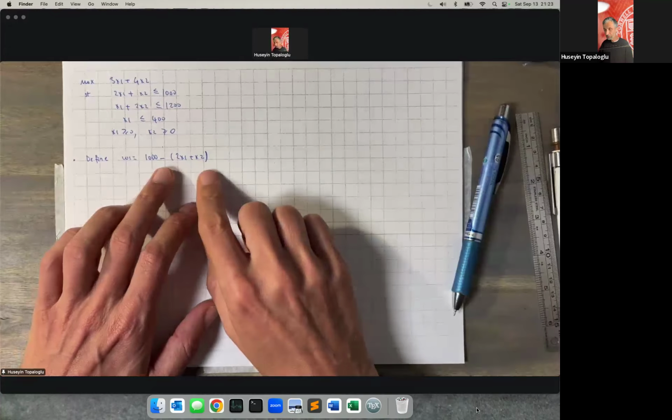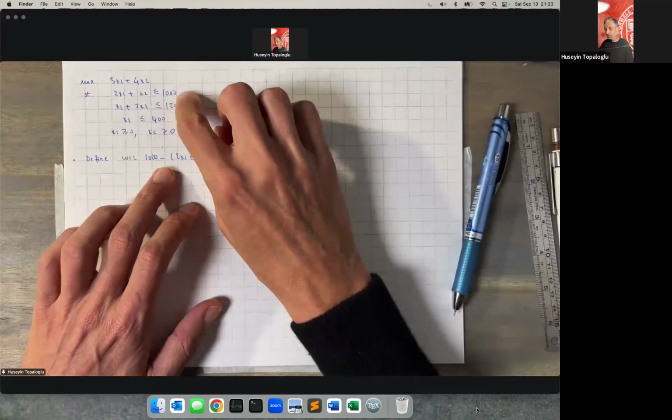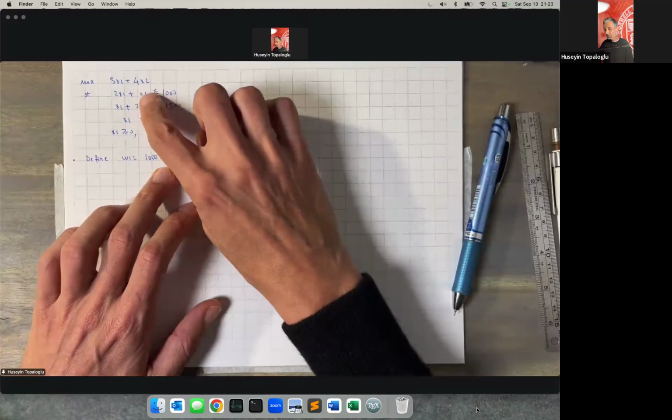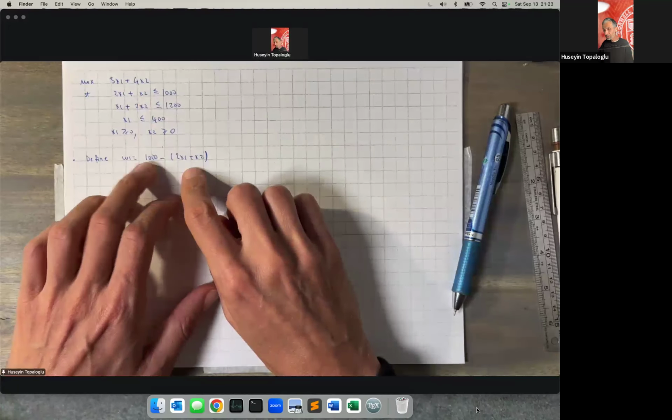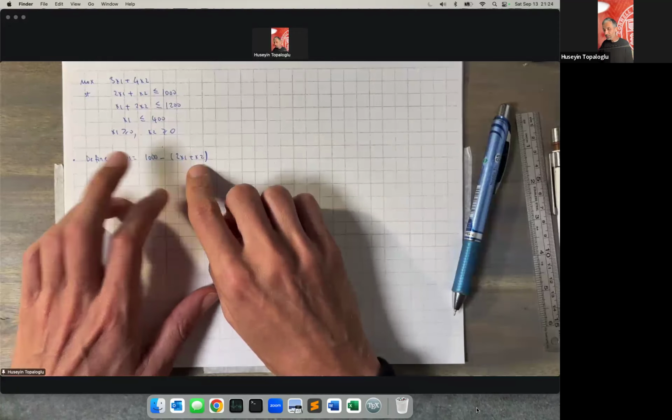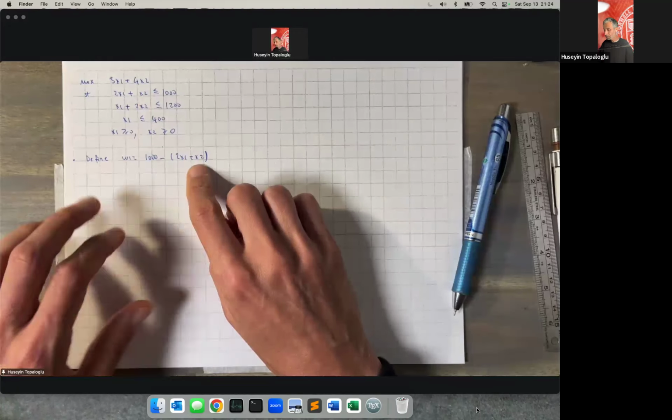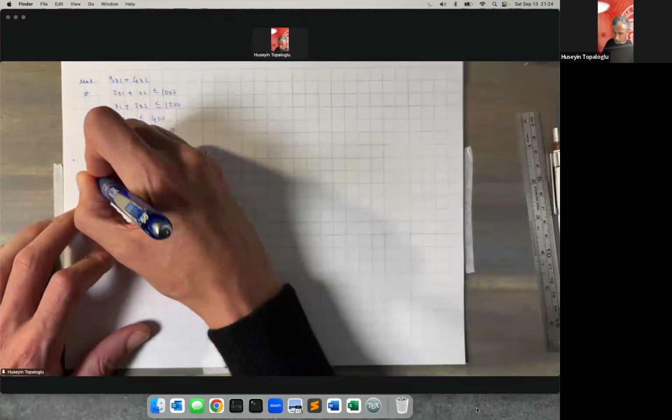In a feasible solution to the linear program, the right-hand side of the first constraint has to be greater or equal to the left-hand side, so W1 has to be greater or equal to 0. So let me write down what I said.